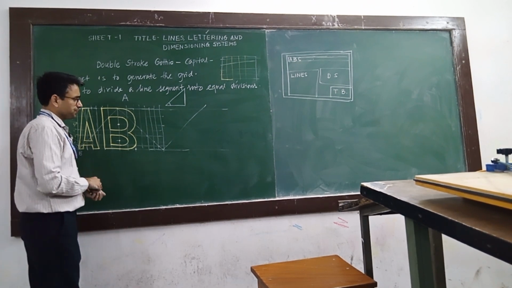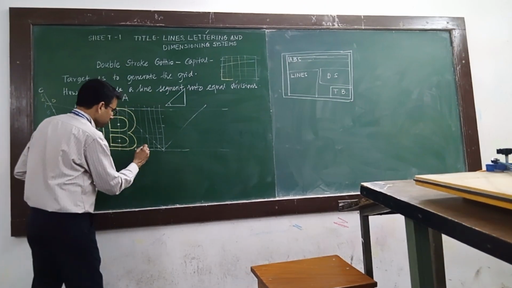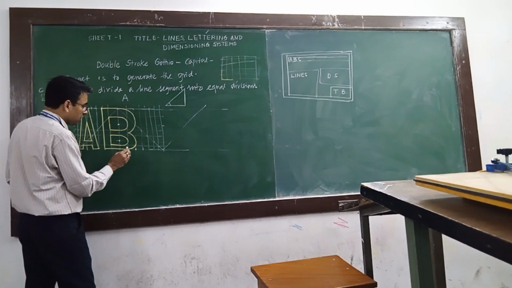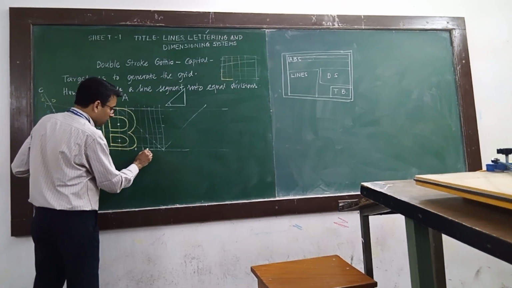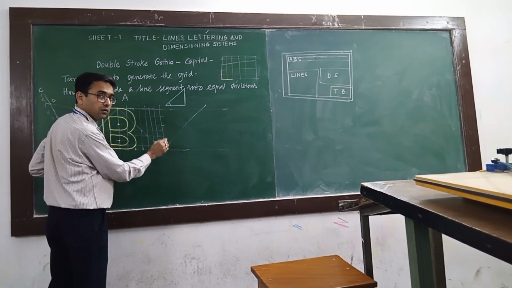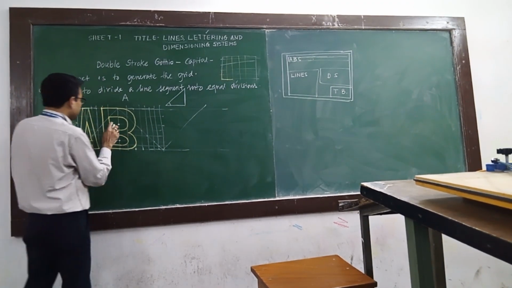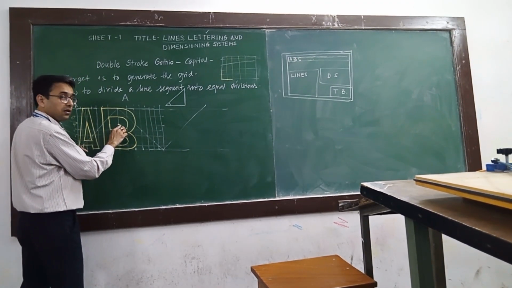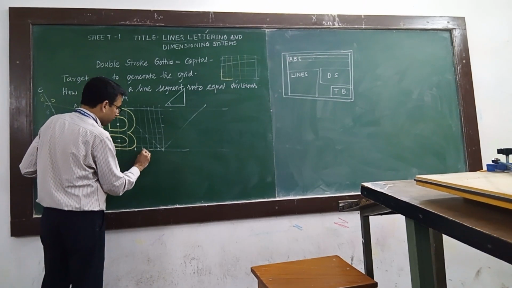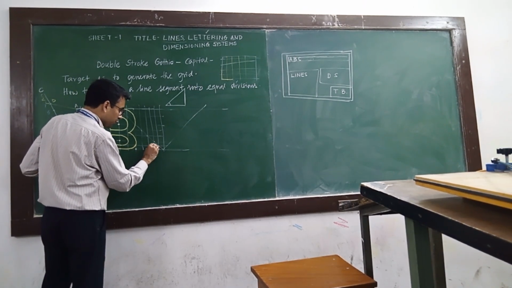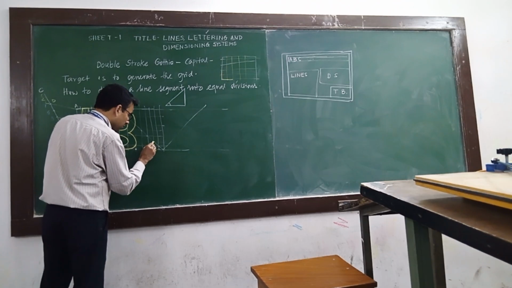Next is C. C is similar to B. Most of the things are similar. So 1, 2, 3, 4, right? 1, 2, 3, 4. So you see that again this center will be in the same relative position. So where is that? 1 unit, 2 units, line segment, 1 unit, 2 units. So this will be the center.